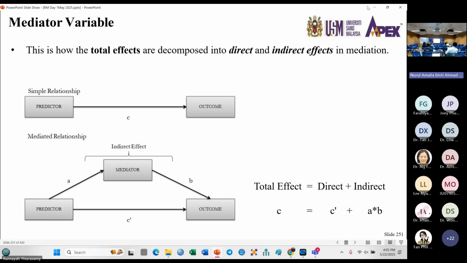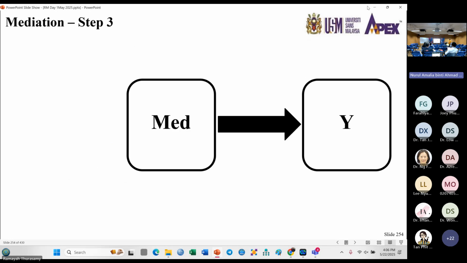All software uses this method for bootstrapping the indirect effect. What are the data? We already have the independent variable, the mediator, and the dependent variable, but you need to draw them in the model. The software will calculate the indirect effect for you. So that can be done quickly with the software.